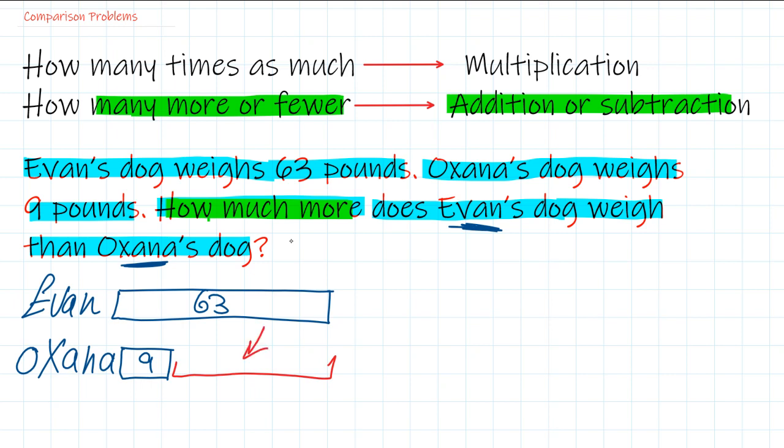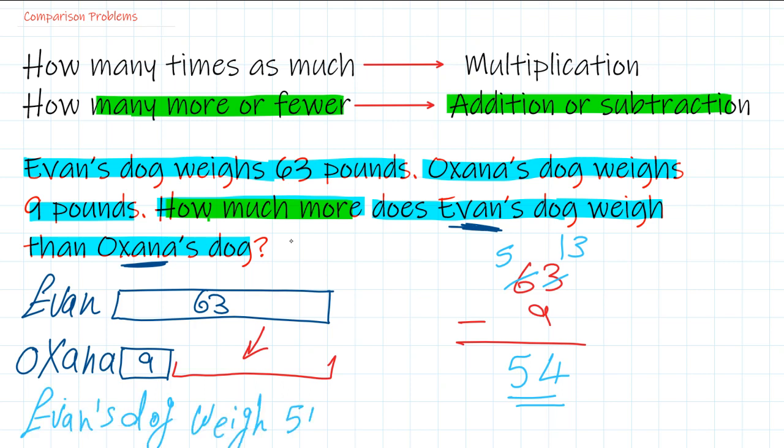To get it, we're going to subtract 63 minus 9. 3 minus 9 can't be done, because 3 is smaller than 9. So let's borrow 1 from 6. It becomes 5 and 3 becomes 13. So 13 minus 9 equals 4, and 5 stays the same. So we can say Ivan's dog weighs 54 pounds more than Oksana's dog.